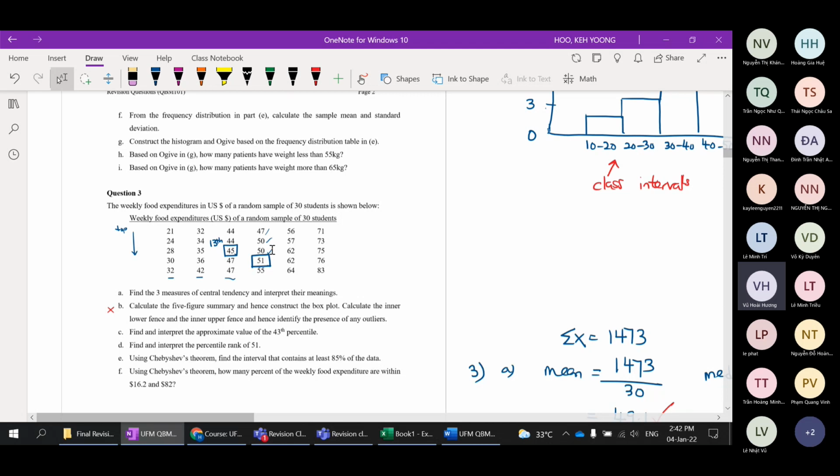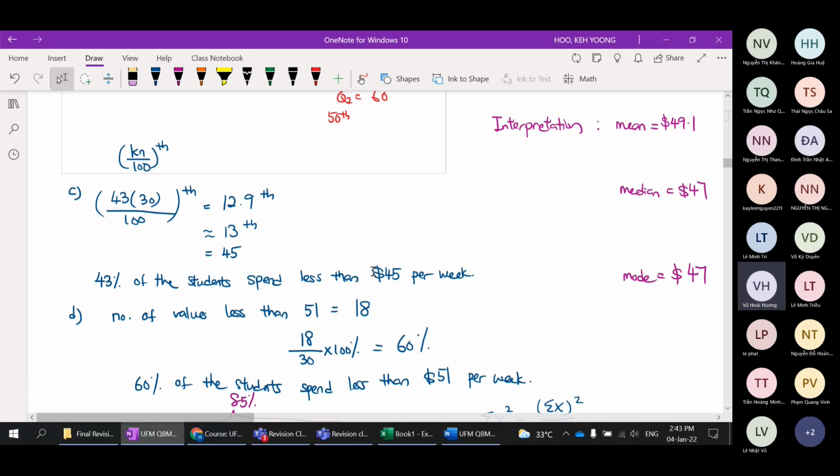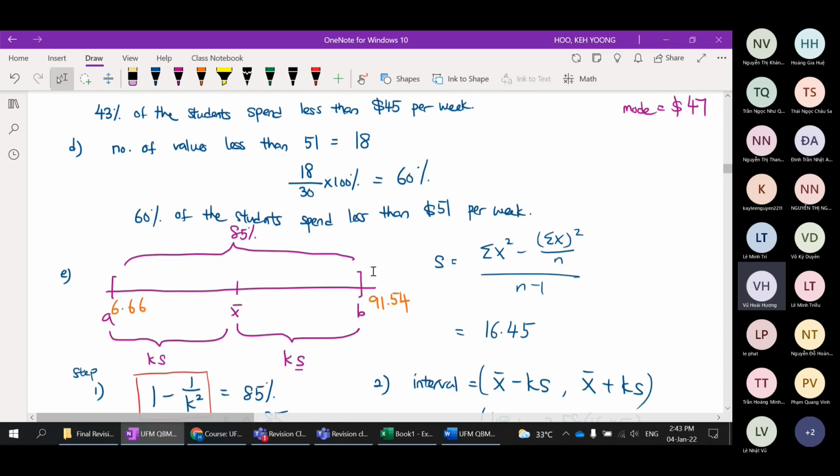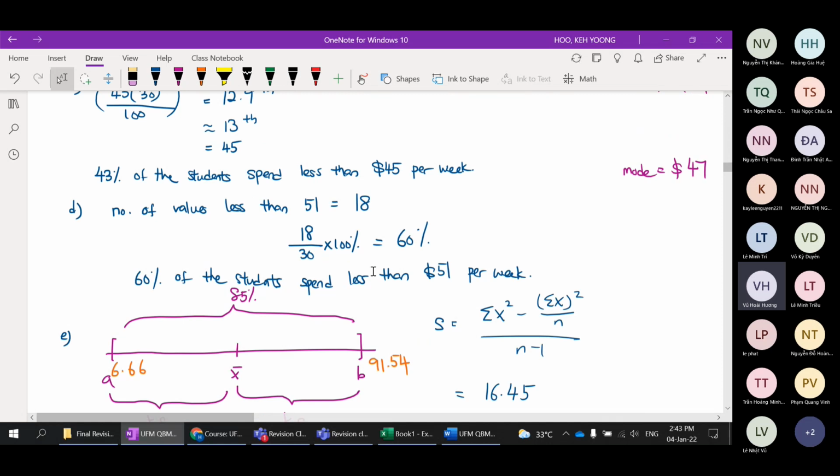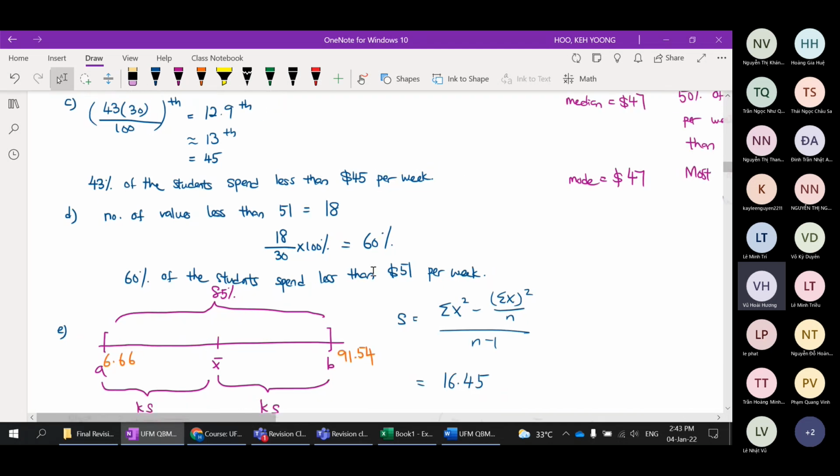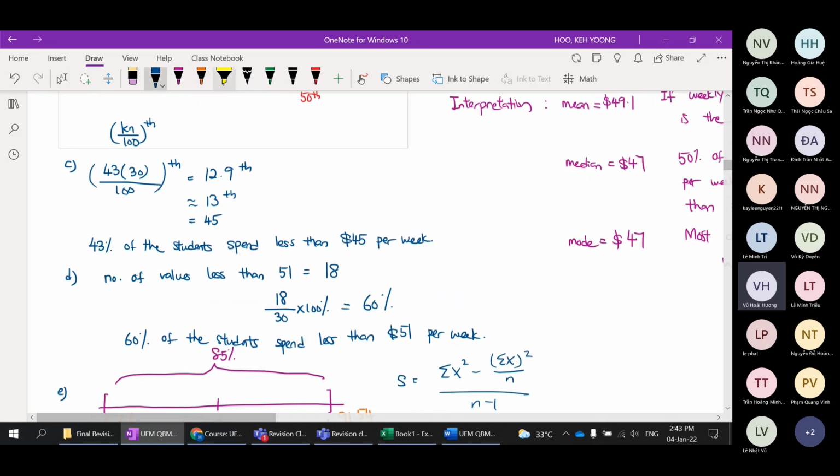There are 18 values less than 51, right? We should include 51 or not? Oh, we don't include 51. Less than, so we don't include it. Okay, teacher.